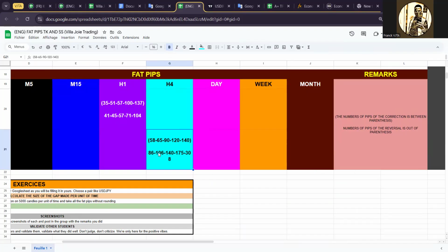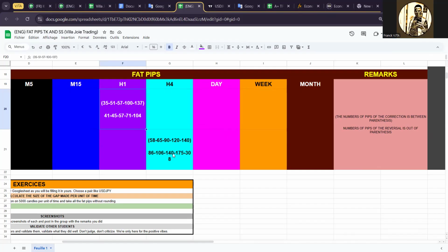Which is the lower number of pips for the reversal. So you need to have that mindset. It's not that I first need to have a few pips from 50 to 100, then I continue here 100 and 300. No, that is not a good mindset.